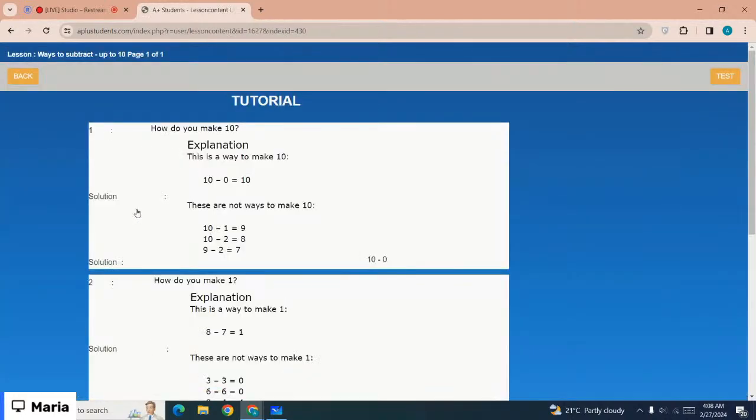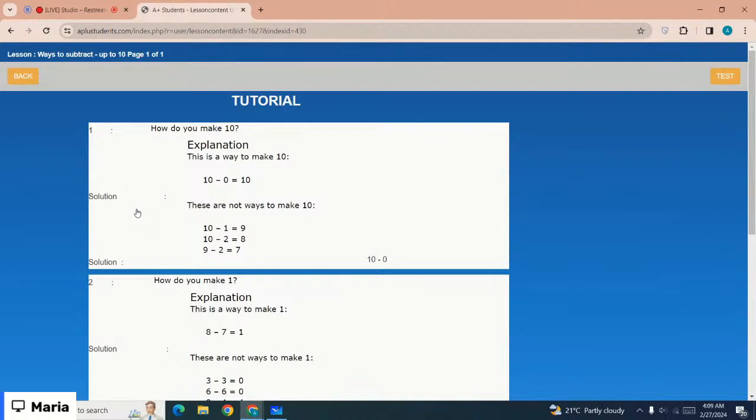Basically, when you subtract and you have to make a specific number, you have so many ways to make it. For example, the first example is how do you make 10? You are given four options, and you have to select the correct one.